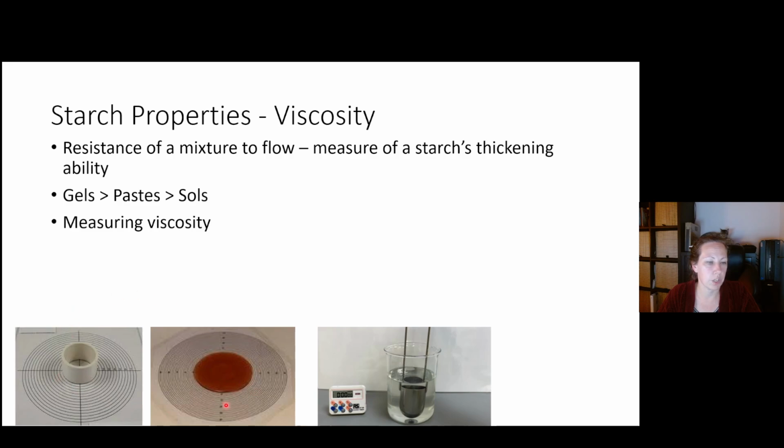So this is a line spread test. You have a cylinder in the middle of several printed rings, and you'll fill the cylinder with a specified volume, and then you lift the cylinder up and allow the volume of liquid to spread across the page.